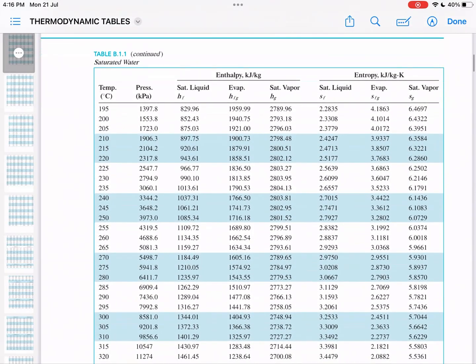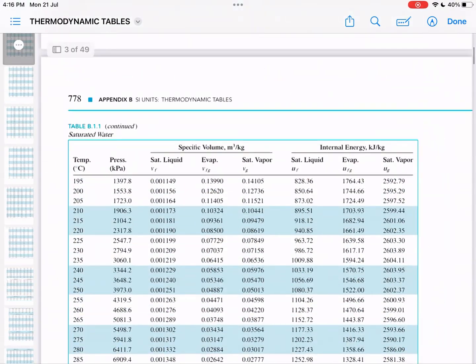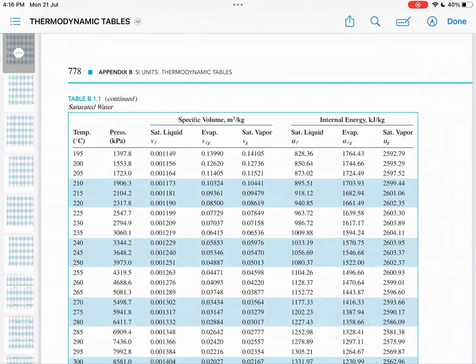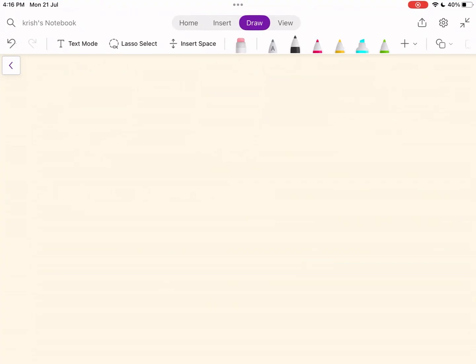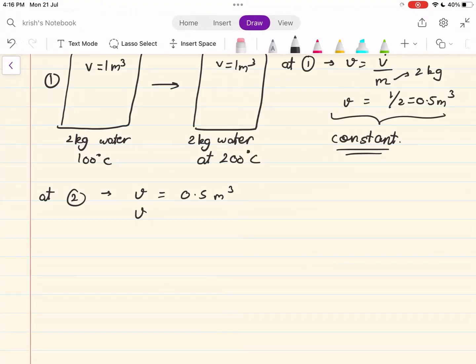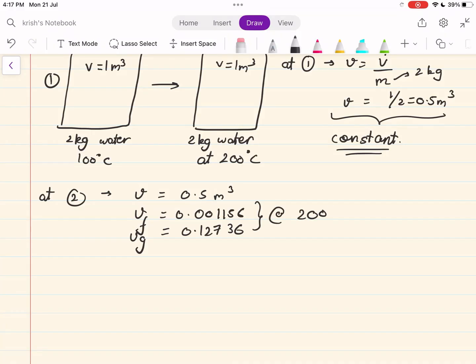Okay, so if we look at table B.1.1 at 200 degrees Celsius, we have the Vf as 0.001156 and Vg equals to 0.12736 at 200 degrees Celsius.